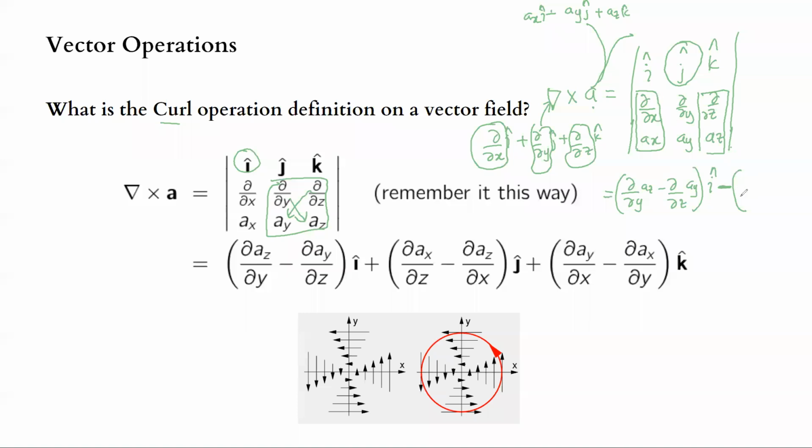So when we are considering j hat, we need to consider the cross product between these two. So we will be multiplying this del over del x a z minus del over del z a x, right? Same. Now, when we consider this expression and this expression, they will be the same, right?